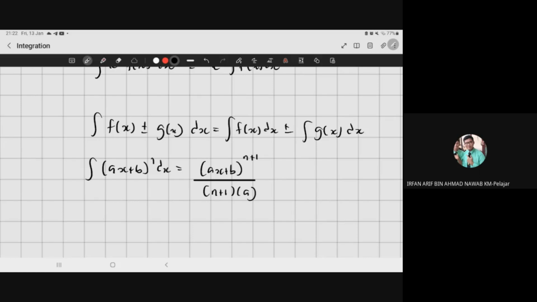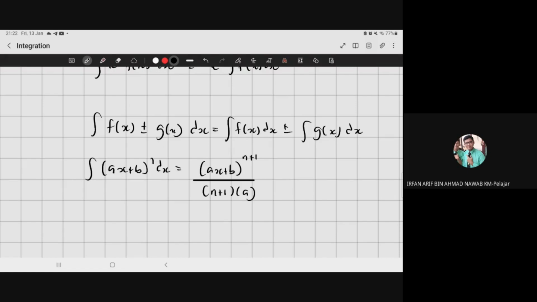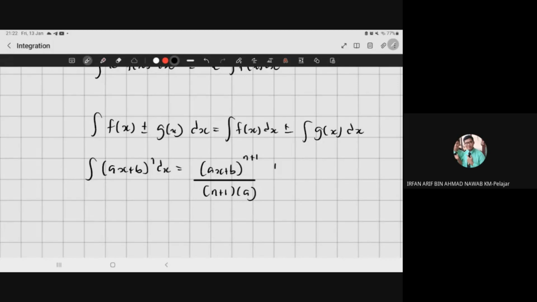You will see later on, we will be using substitution. You don't need to memorize this fifth rule. You only need to use substitution when you want to integrate.